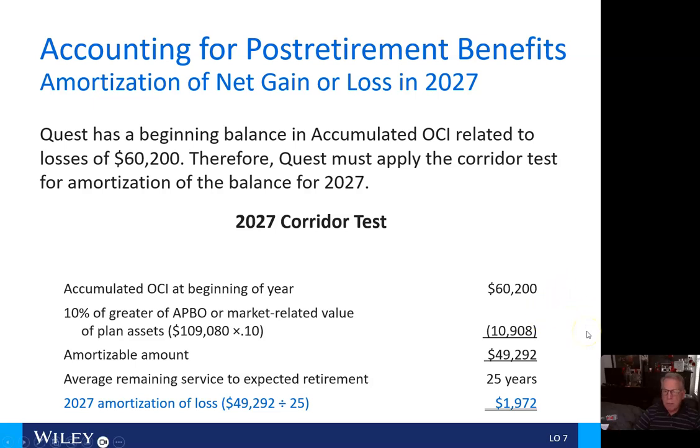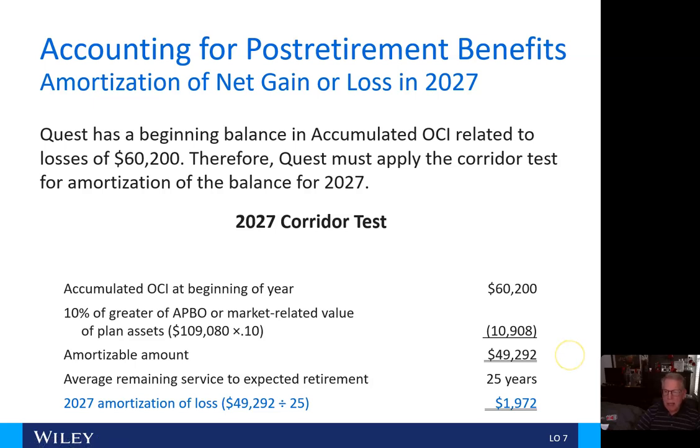Then we're going to take the 10% of the greater of the APBO, or the market-related value of the plan assets, and we do that by taking $109,080 times 10%, which gives us a negative $10,908. So our amortizable amount is $49,292.